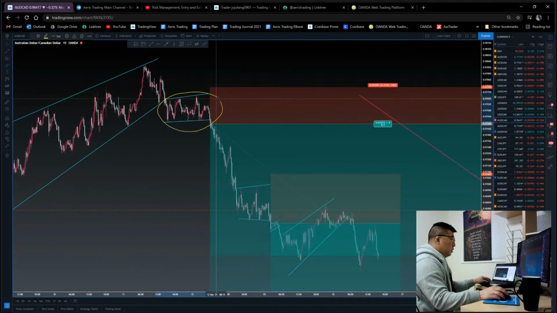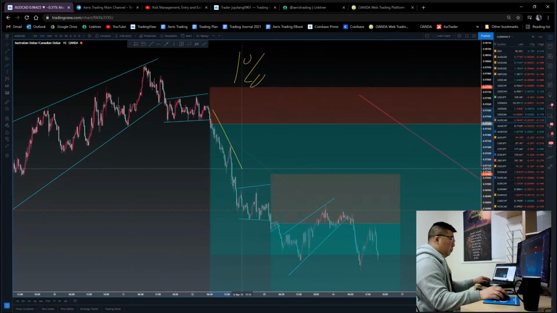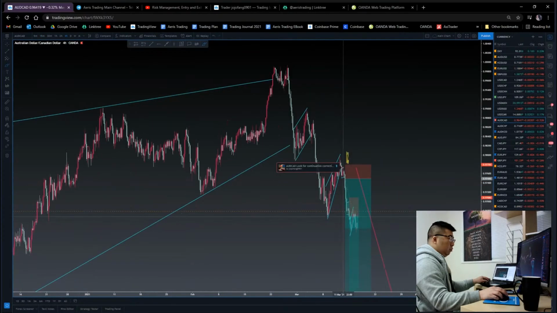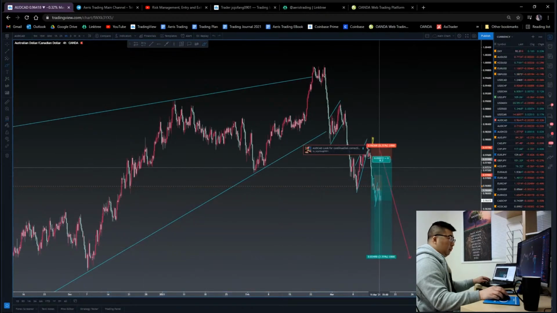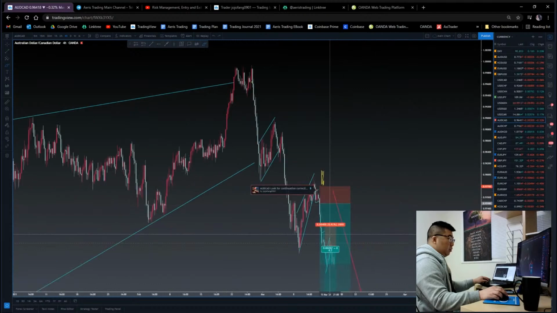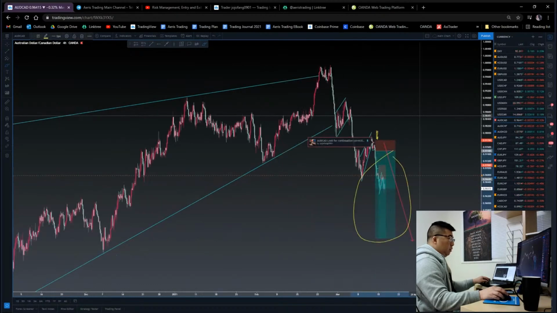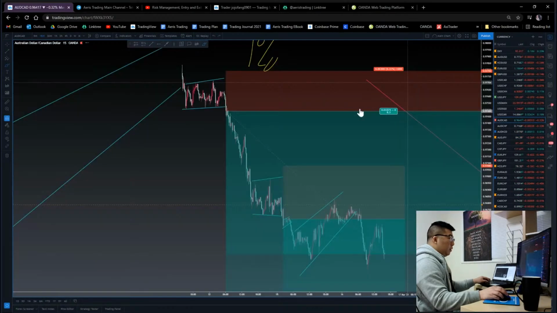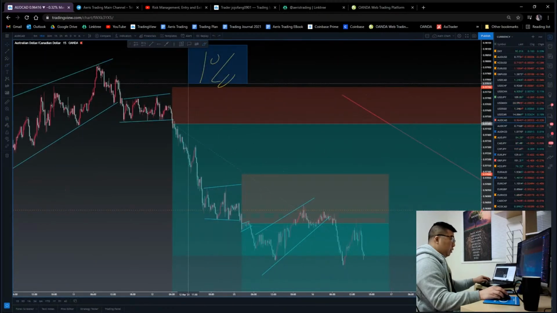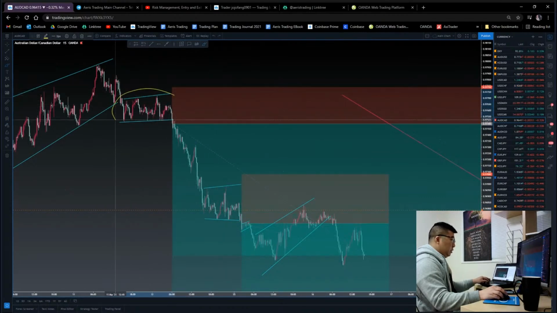I enter these and risk 1%. If it doesn't work out, I lose 1%. But if it works out, I get at least 3% or more. In this case, if it works out to where I want to target, my first trade is 8% and the second trade 4.1%. That is really the difference of a consistent trader. We don't know if this trade will work out, but all we can do is keep a very good trading plan and risk management.